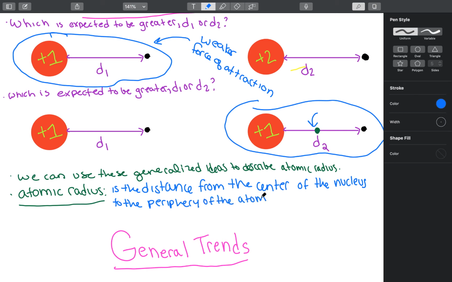So if we symbolize an atom like a circle, and our little dot here is the nucleus, the atomic radius would be this distance. So it basically tells us how large our atom is.